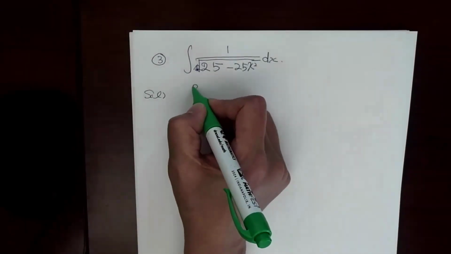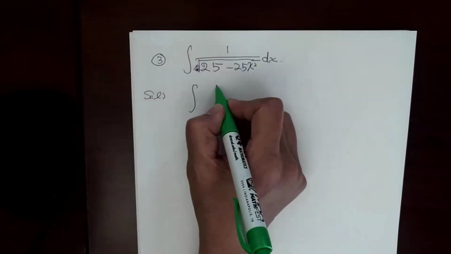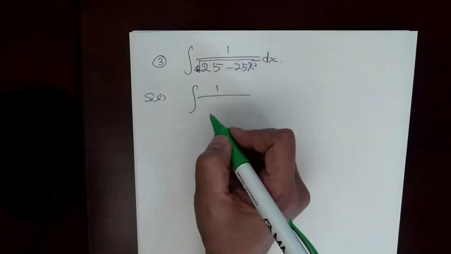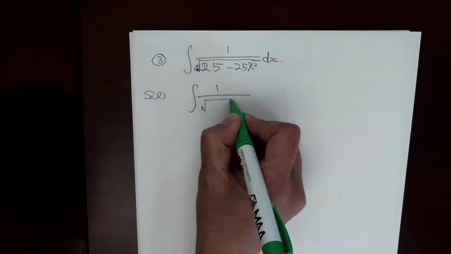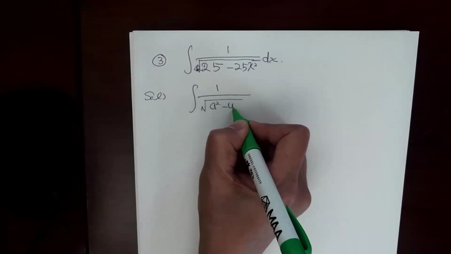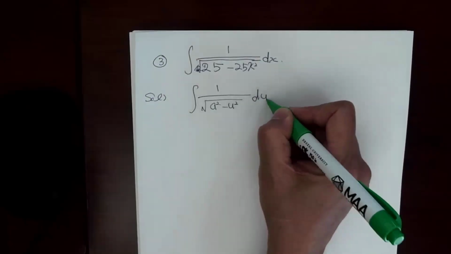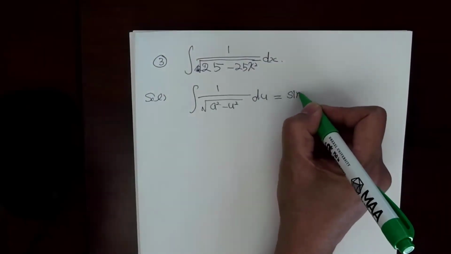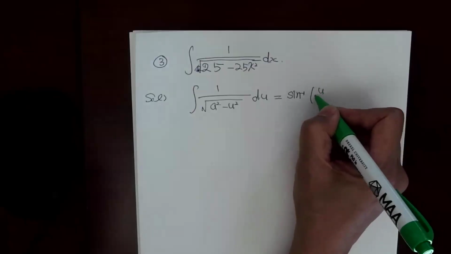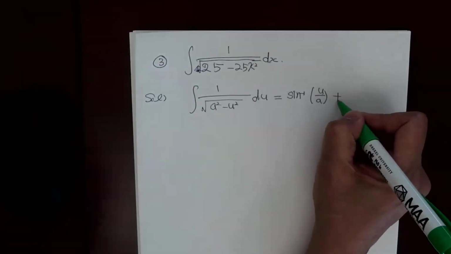So that's sine inverse. The formula was integration 1 over square root of a squared minus u squared du equals sine inverse of u over a plus c.